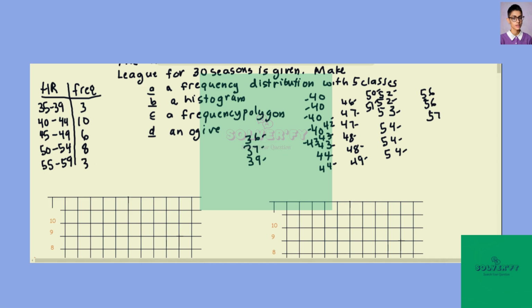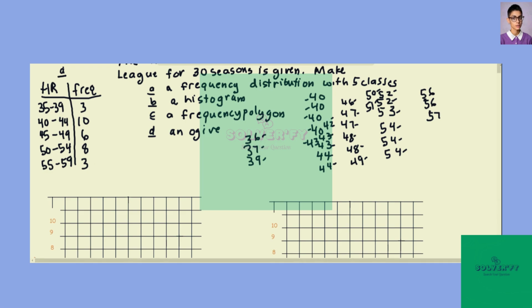And then 3 left. Okay, that has to add up to 30: 13, 19, 20. Yay, it does. Okay, so that's a frequency distribution with 5 classes.